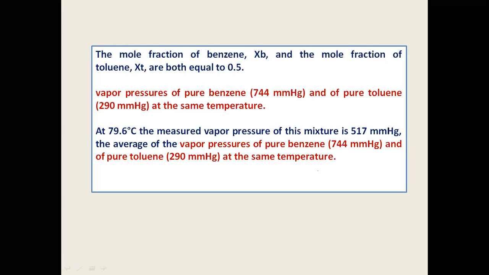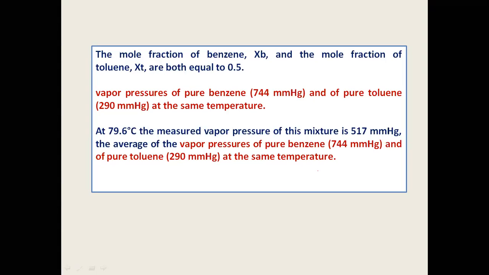Okay, fine. Now come back to the vapor pressure part. What is the vapor pressure of pure benzene? Not in solution, pure liquid benzene: 744 mm of Hg. What is the vapor pressure of pure toluene? 290 mm of Hg. Now I have made an equimolar mixture of benzene and toluene. What is the vapor pressure of the resulting solution?